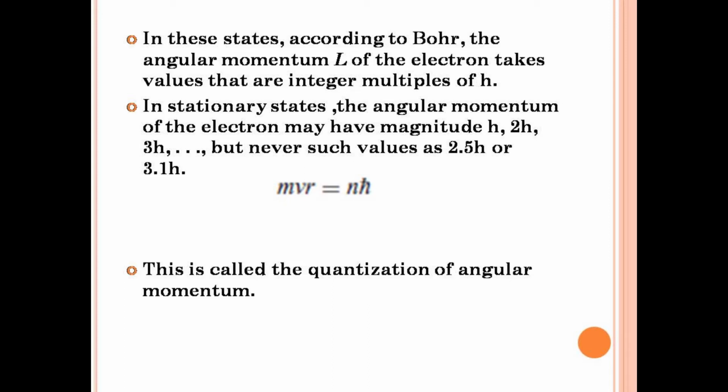In these states, according to Niels Bohr, the angular momentum L of the electron takes values that are integral multiples of ħ. That is, mvr = nħ. The angular momentum of the electron may have the magnitude ħ, 2ħ, etc., but never a value such as 2.5ħ or 3.1ħ, and this is called the quantization of angular momentum.